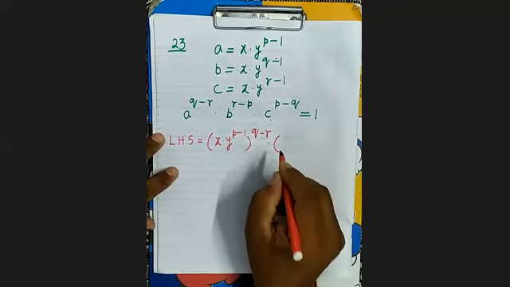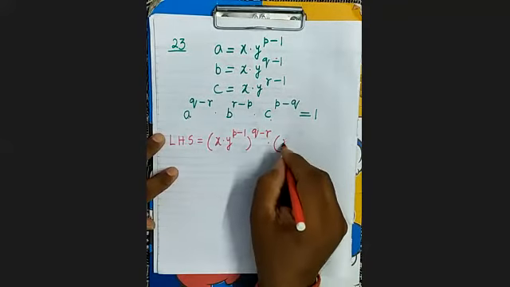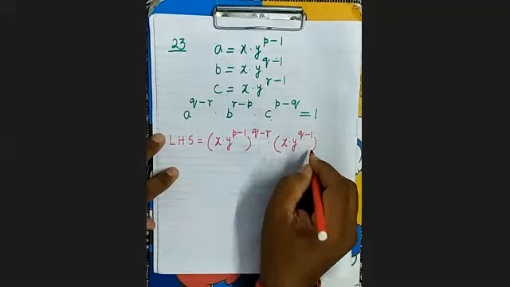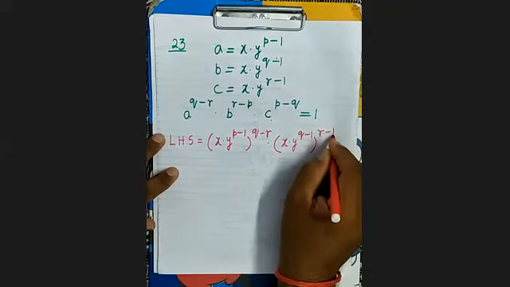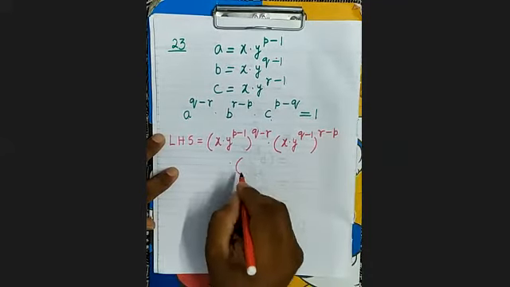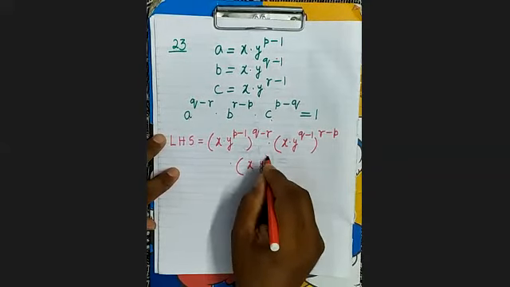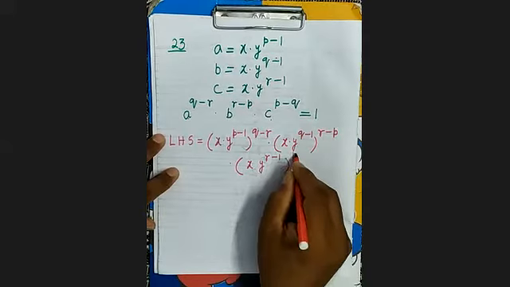Then in place of B, x into y to the power q minus 1, whole to the power r minus p. Then x into y to the power r minus 1, whole to the power p minus q.